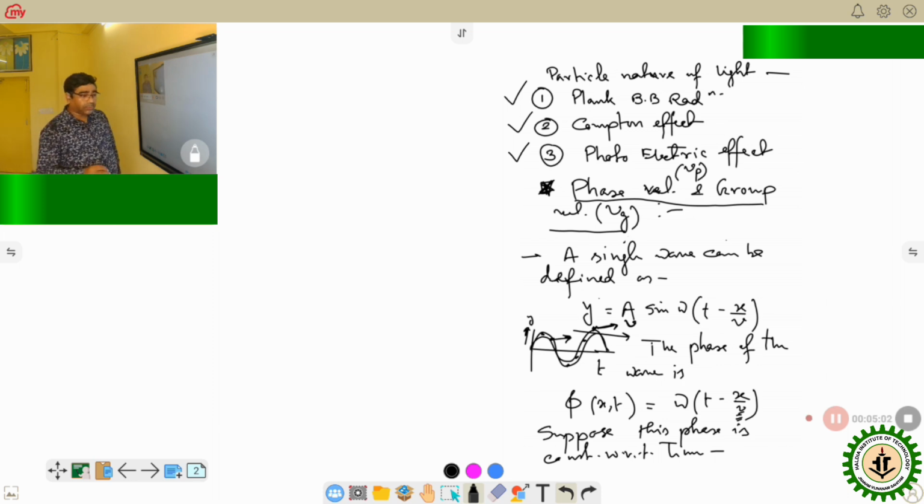In this process, Einstein explained quite satisfactorily why there is no time gap between the incidence and the emission of electron.